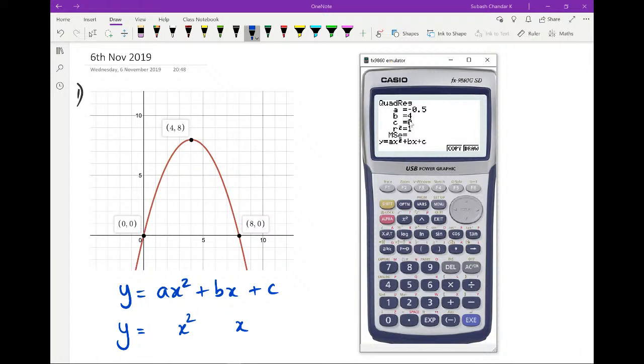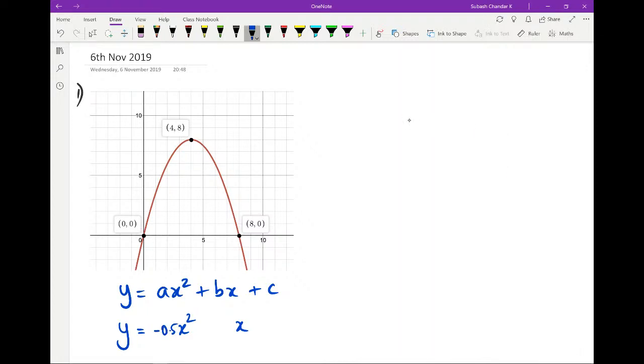With c, I don't need to worry about it, so just leave it as it is. So negative 0.5 x squared plus 4x. So this is the graphics calculator way.